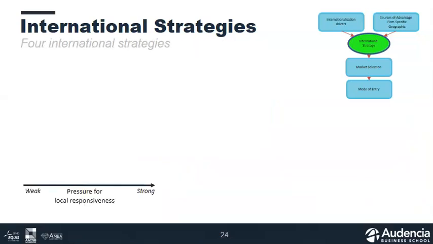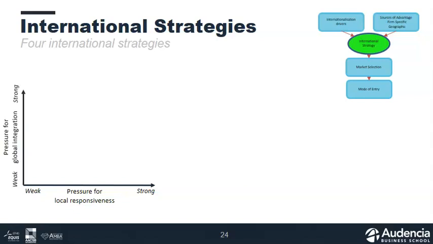So there are four basic international strategies that exist. And these four international strategies are represented along two axes. The first are these pressures for local responsiveness, responding to local needs with your product, and either that's weak or strong. We're either in a situation where I really have to meet a domestic need, otherwise I really can't compete, or it's weak.